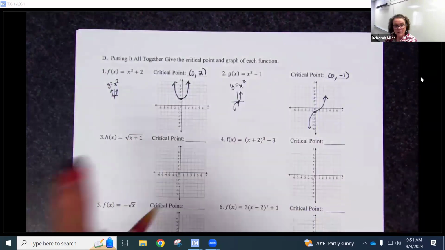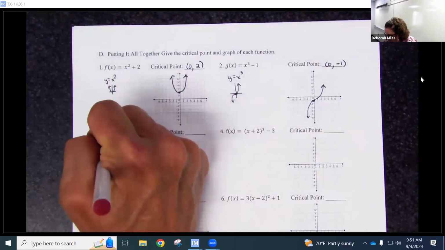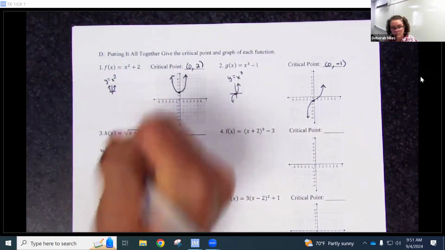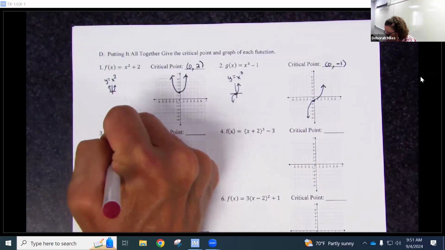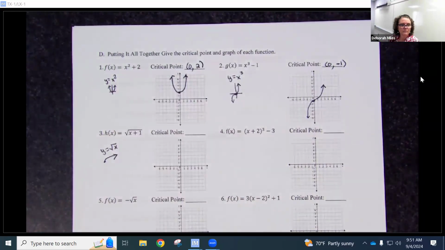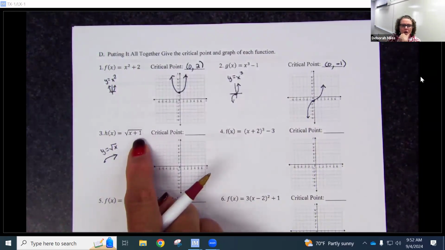All right, number 3, I know what the basic square root function looks like. It's that half of a sideways parabola. And the critical point: is that 1 a horizontal shift or a vertical shift?